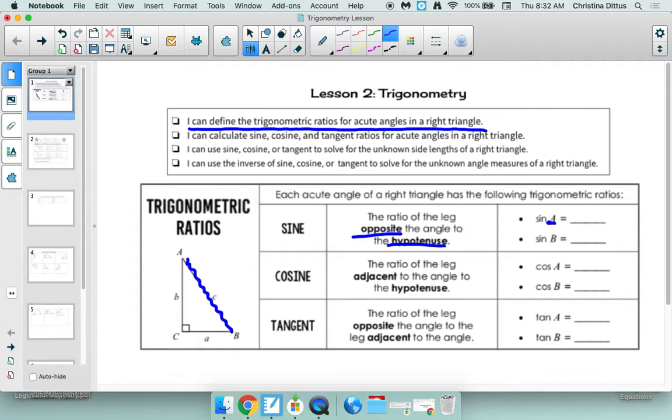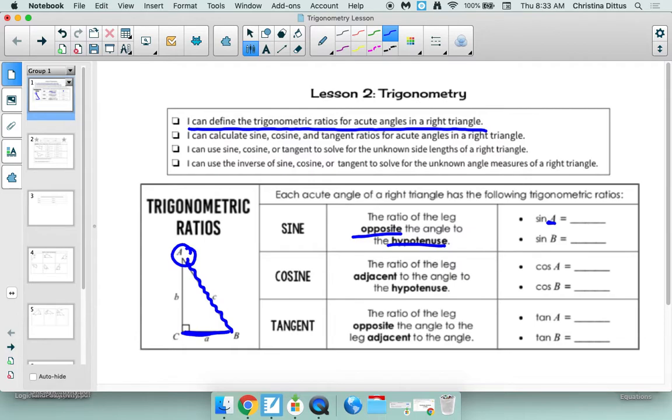So here's angle A, and to find the sine of it, you take the opposite side. If C is our hypotenuse, what do you think is opposite that angle? The lowercase a. You know it's opposite if it doesn't touch it. So you see how this side A doesn't touch that angle? That's how you know it's opposite.